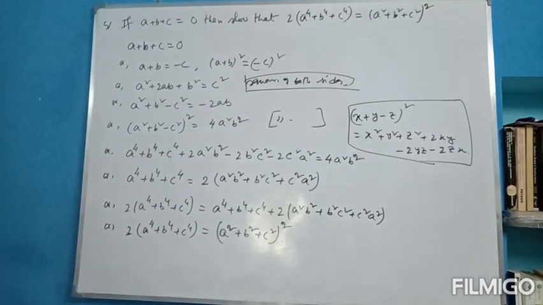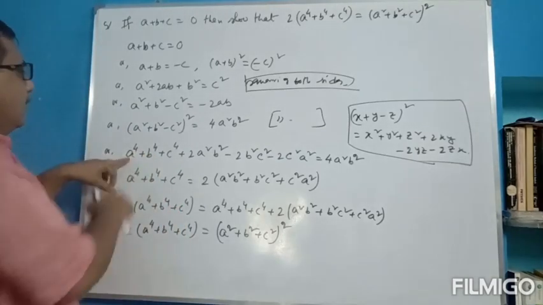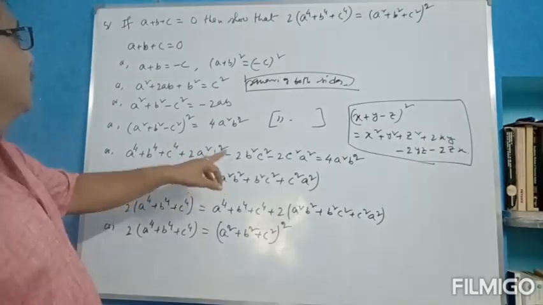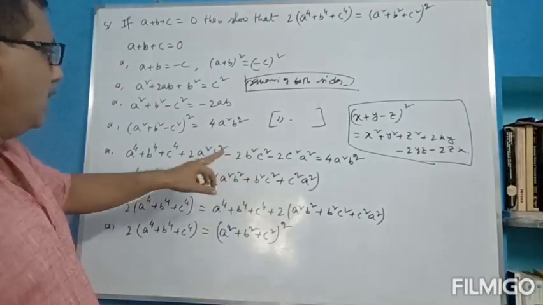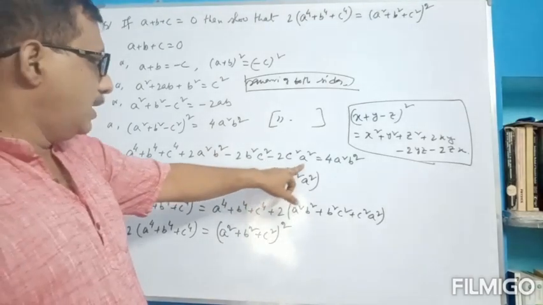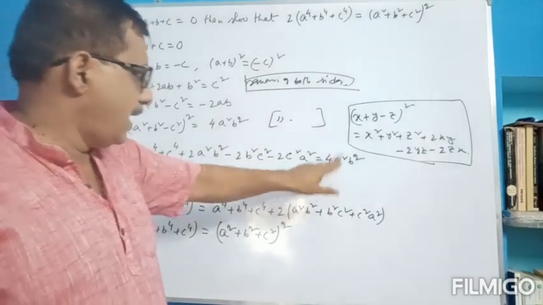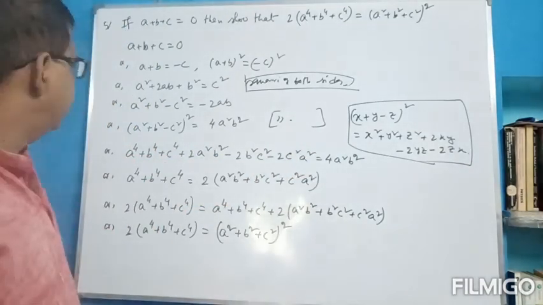So a square whole square means a to the power 4, plus b to the power 4, plus c to the power 4, plus 2a square b square minus 2b square c square minus 2c square a square, and this 4a square b square remains intact.